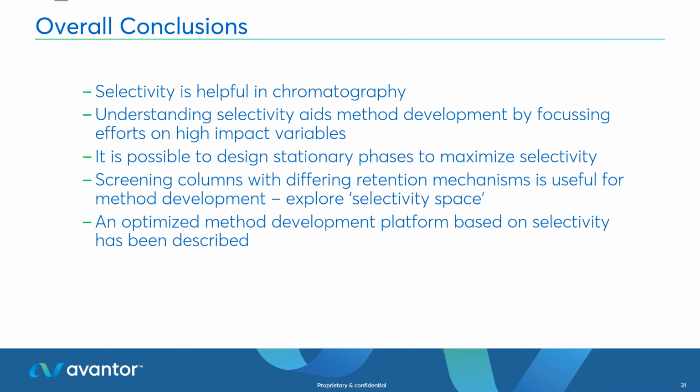Hopefully I've shown you how selectivity can be helpful in chromatography. Choosing different column stationary phases and utilizing different organic modifiers can really help to give you a good selectivity space and more opportunity to separate out those analytes of interest.